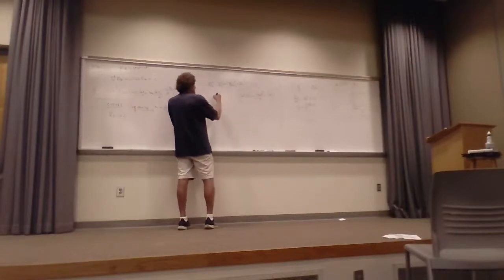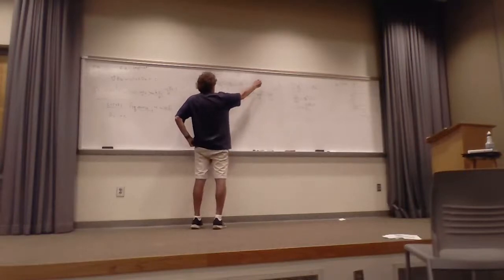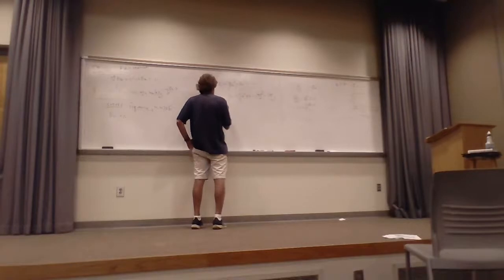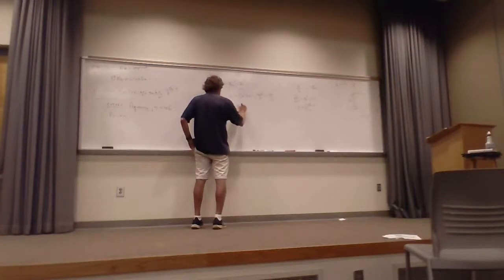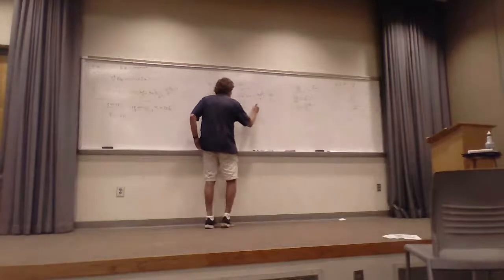It would be equal to, just watch this, this comes to the other side. It becomes a minus beta squared multiplied by minus. Finally, it would be the square root of m pi over a squared plus n pi over b squared. Try to follow me on what I've done here.